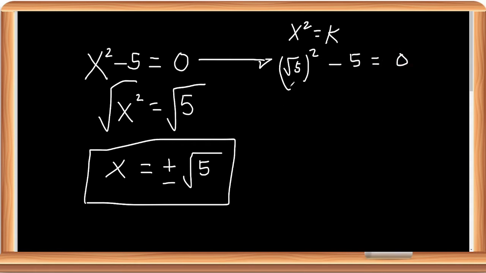So, as you can see, square root of 5 squared means square root of 5 times square root of 5. And then here, minus 5. Square root of 5 times square root of 5 is square root of 25, and the square root of 25 is 5. Okay? And then minus 5, it is equal to 0.